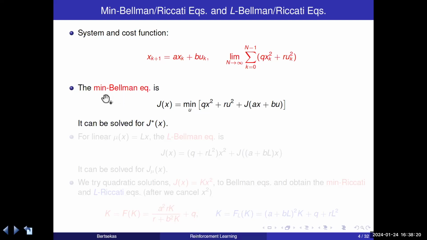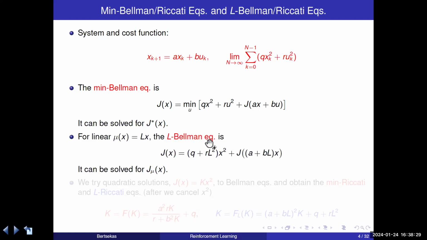And I'm going to call it the min Bellman equation because it involves this minimization over u. And I'm going to contrast it with the L Bellman equation, which has to do with the cost for a given policy, which is linear and specified by a number L, a scalar L.